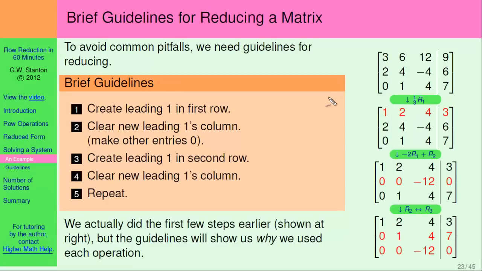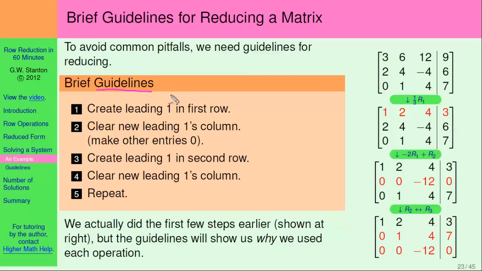The idea is that starting with the augmented matrix here, we will apply a sequence of row operations until we get a matrix that is in reduced form. And since this process requires a lot of steps, it's helpful to have some guidelines that will tell us what we should do at each stage of the process.